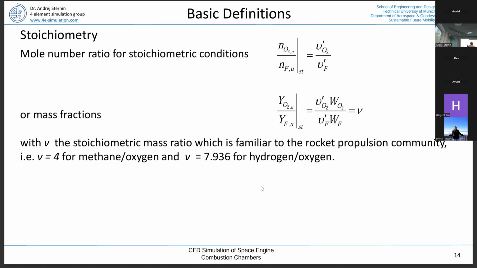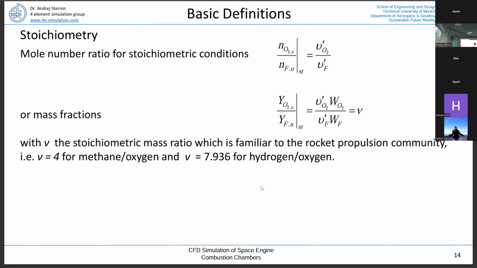So stoichiometry, I think this is just a simple number of moles. The stoichiometric coefficient of oxidizing fuel is in principle the number of moles, and that's obvious from the global reaction.